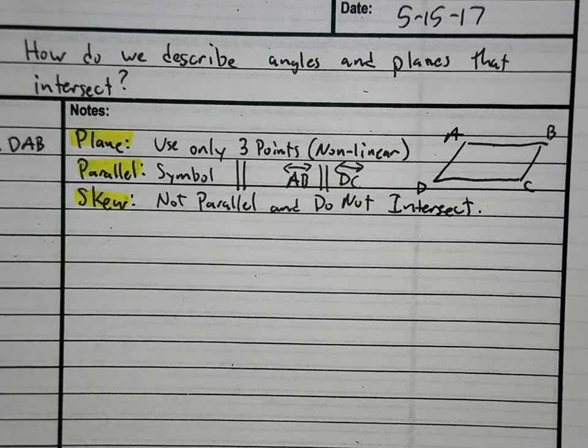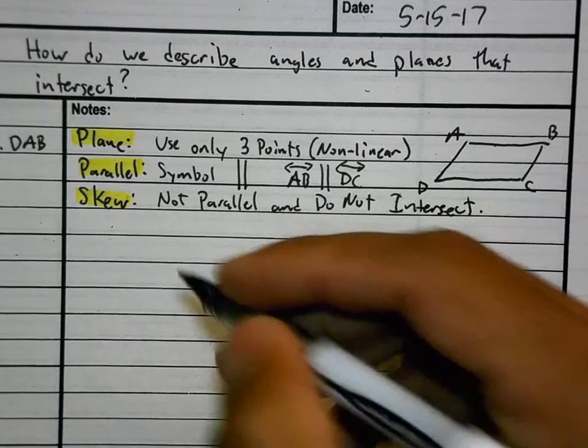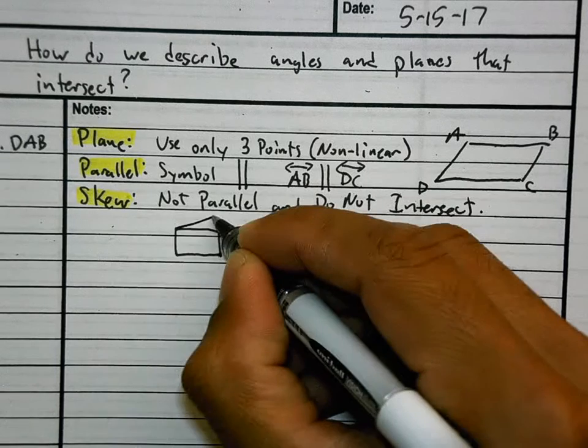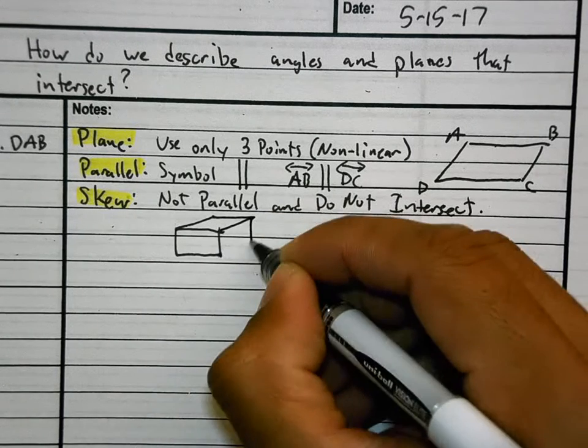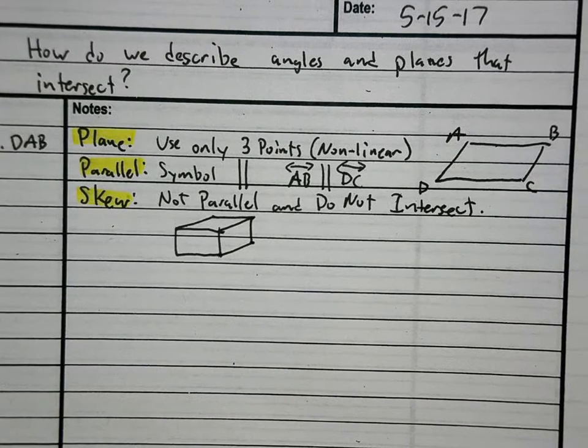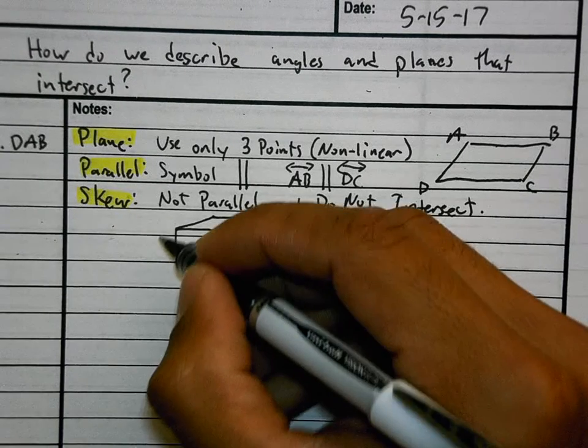Skew lines are not parallel and they do not intersect. What they will do on the worksheet is give you a three-dimensional picture that looks something like a box. As best as you can, if you want to draw this example, feel free.